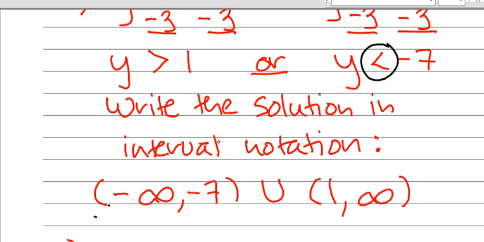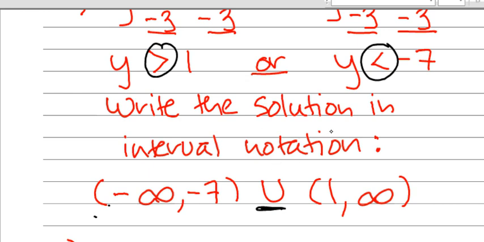I've got my big U, which joins these two together. Then I've got y is greater than 1. So it's not greater than or equal to, it's just simply greater than. So I'm going to use a parenthesis, 1, comma, infinity.